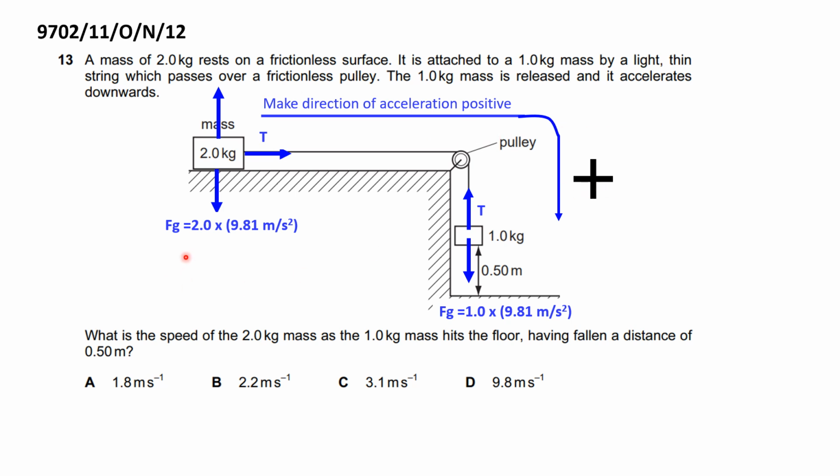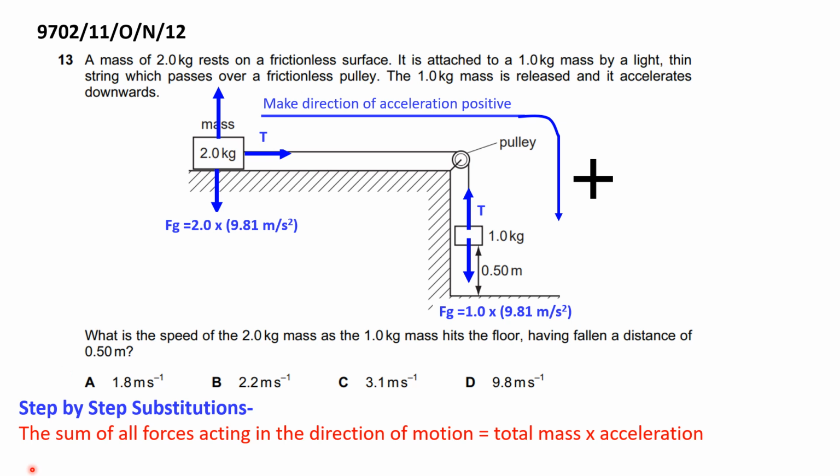So now let's go to our step-by-step substitution. The sum of all forces acting in the direction of motion is equal to the total mass of the system times acceleration.